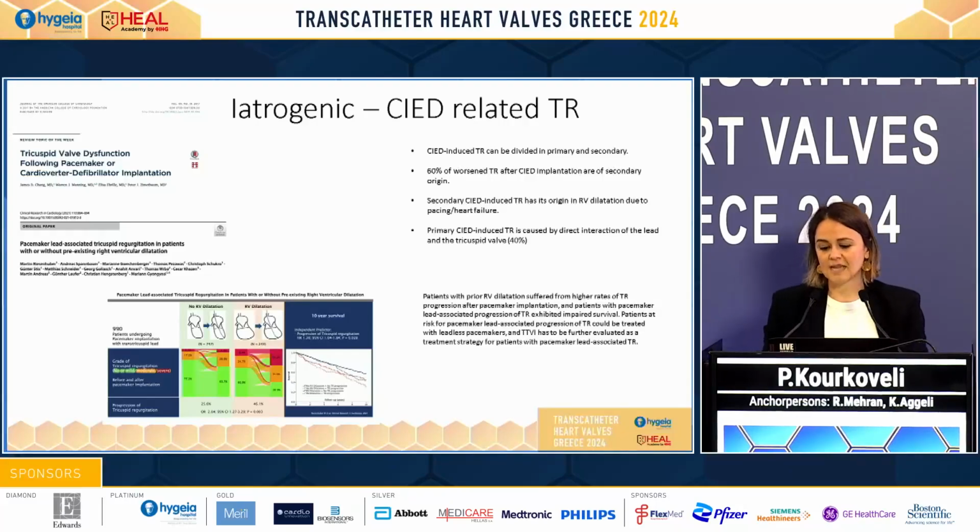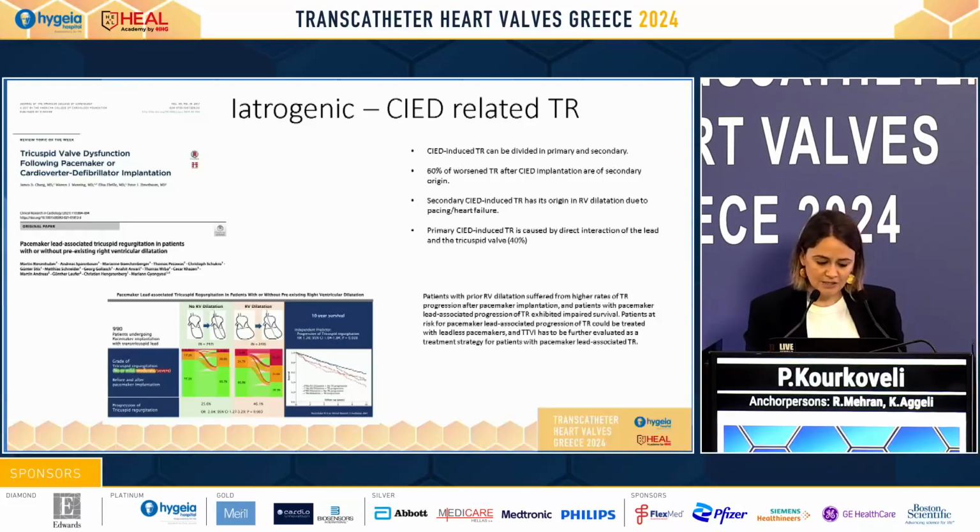This CIED-induced TR, as it's called, can be divided into primary or secondary. Primary is when it affects and interacts with the lead directly, and it can be found in up to 40% of cases, while the secondary can reach 60% of cases and is a progression of the TR that already exists in these patients.